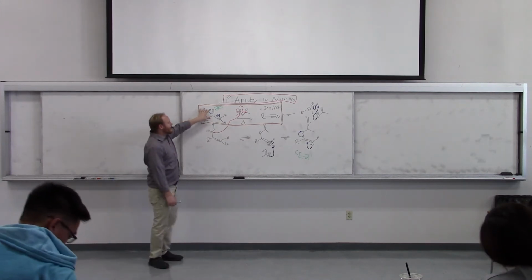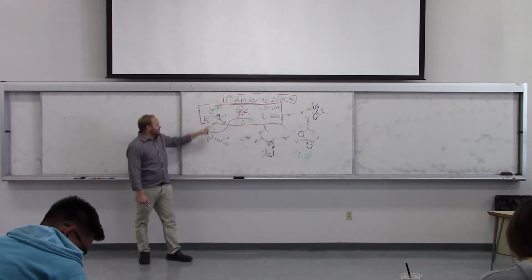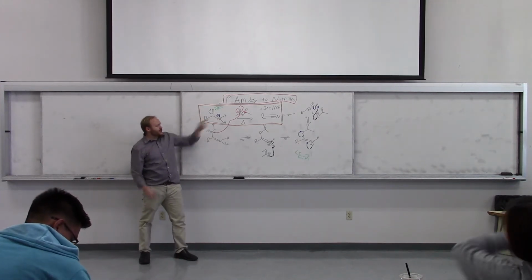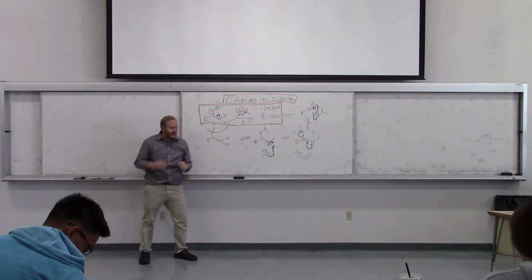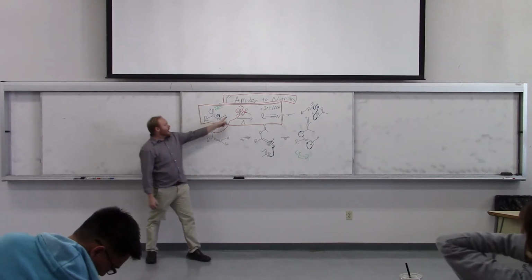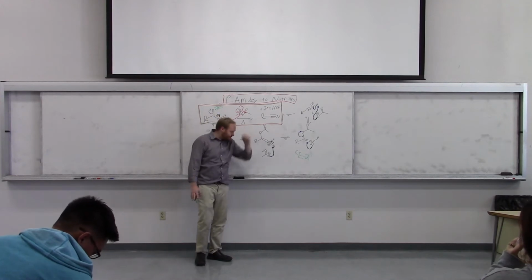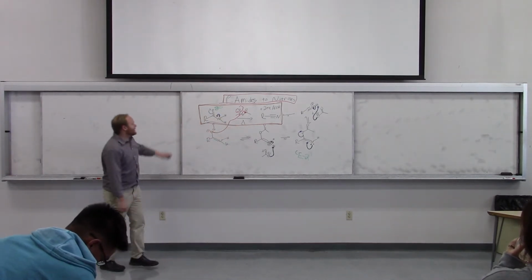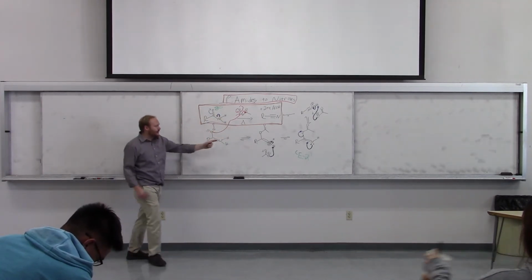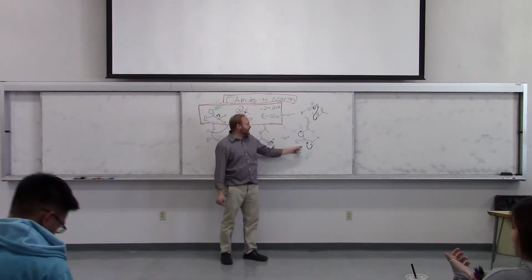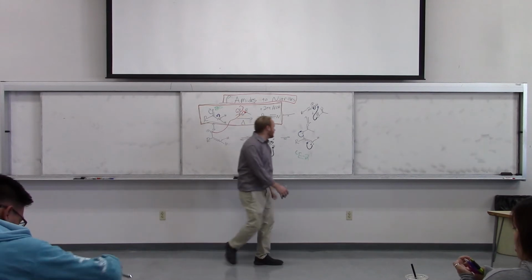So the net transformation I have highlighted in orange: a primary amide, so an amide where the nitrogen has 2 hydrogens, it only works in that case. Acetic anhydride and heat will give you a nitrile. It goes through this mechanism involving the oxygen attacking the acylating agent, and then some proton transfers, and E2-like elimination to give us the triple bond.